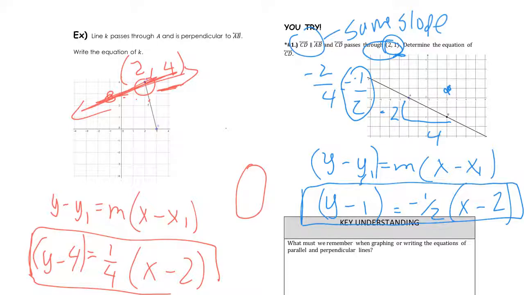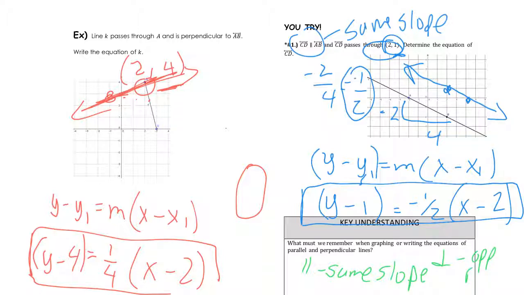And if I was going to graph that, I would just go down 1 over 2. And that line would be parallel if I could draw a straight line. So what must we remember about graphing lines and equations when we have parallel and perpendicular lines? Well, parallel is the same slope, and perpendicular is opposite reciprocal slopes.